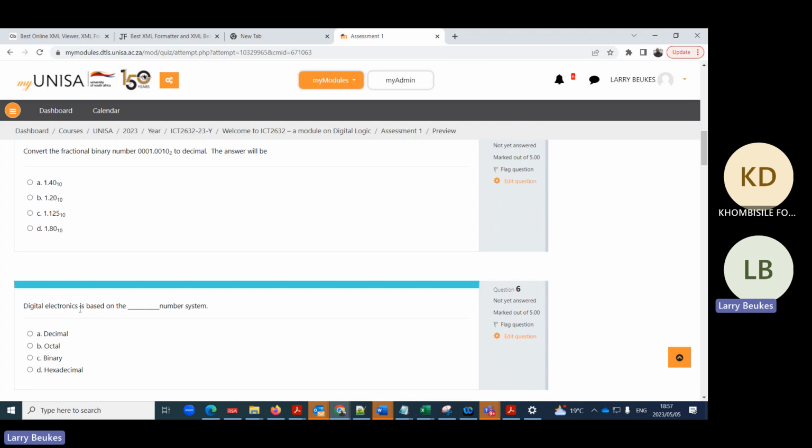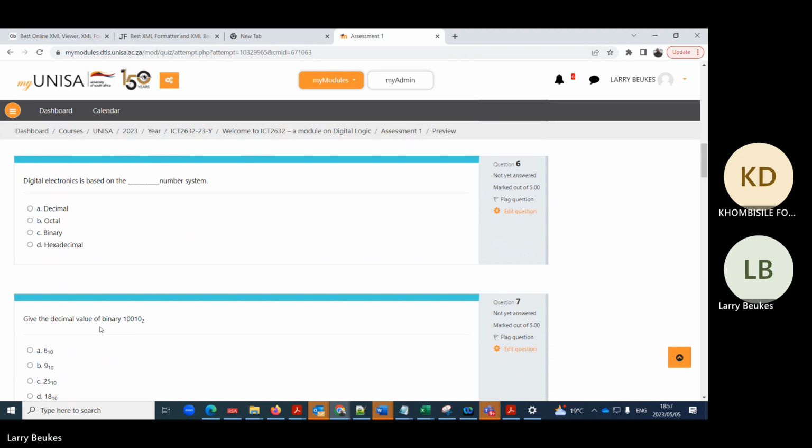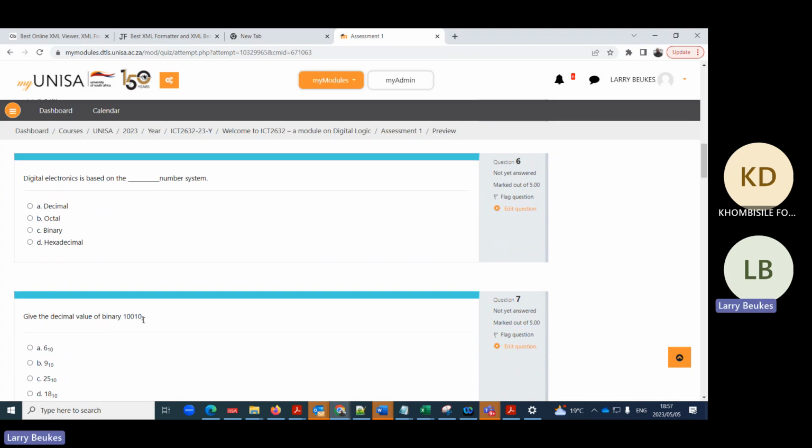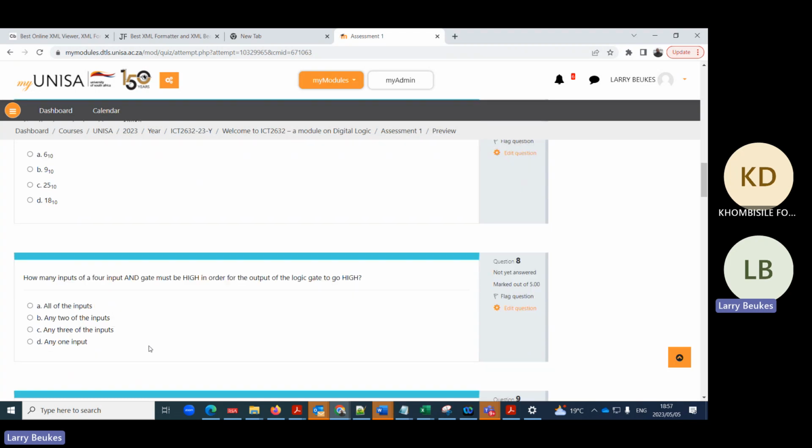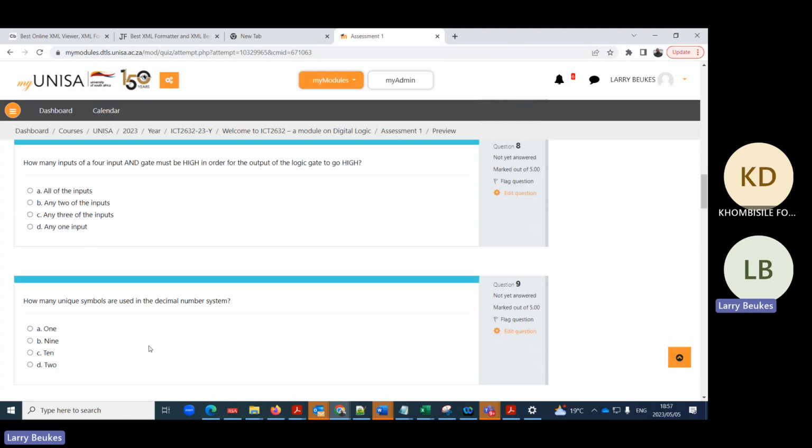How many inputs of a 4-input AND gate must be high, we touched this a bit when we talked about gates.